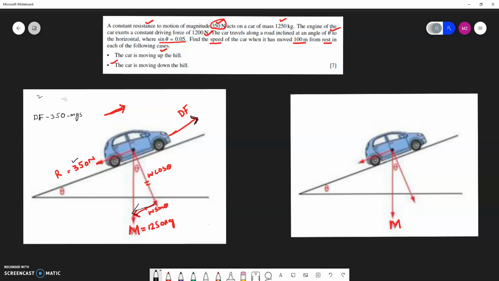According to Newton's second law, this equals ma.